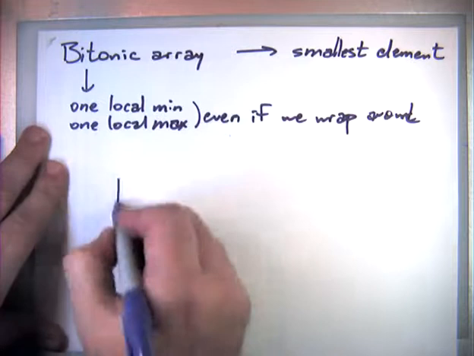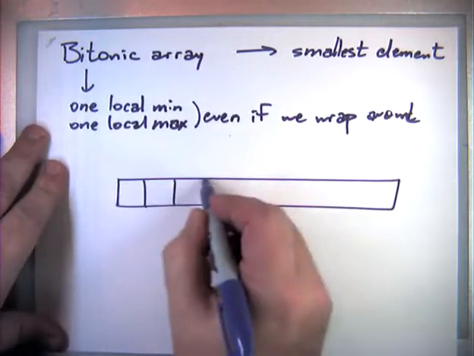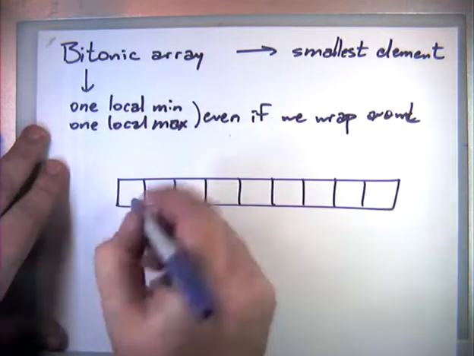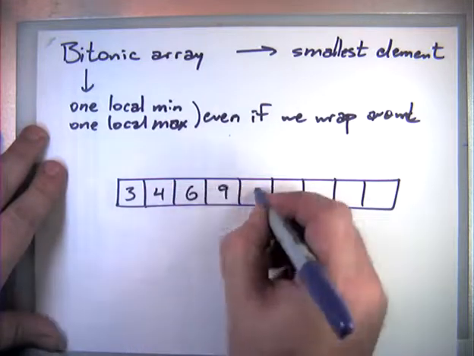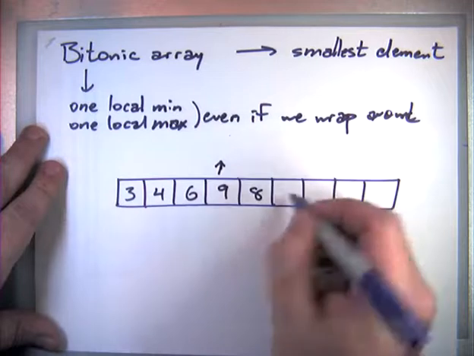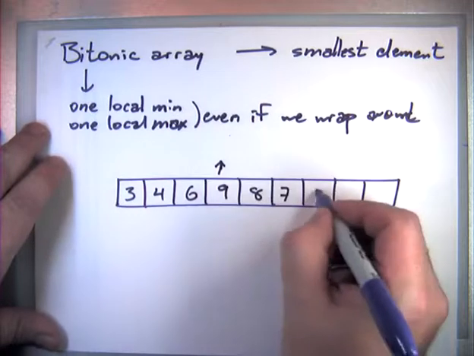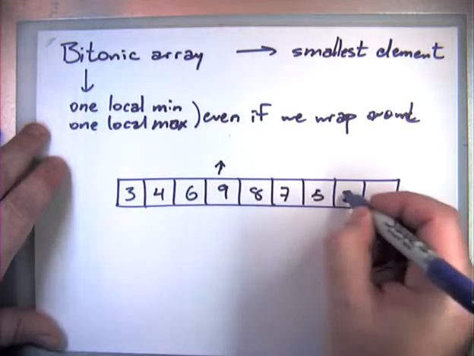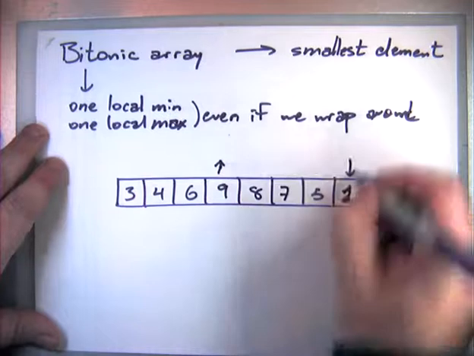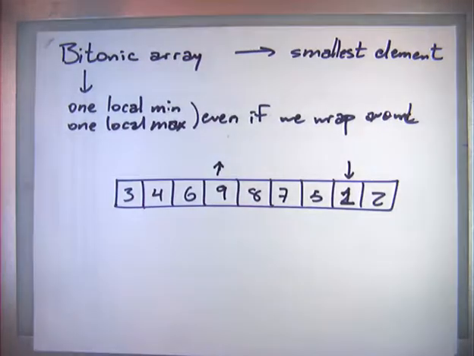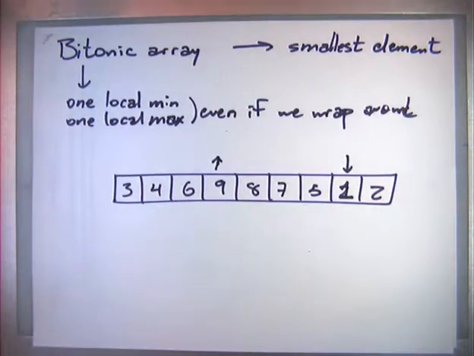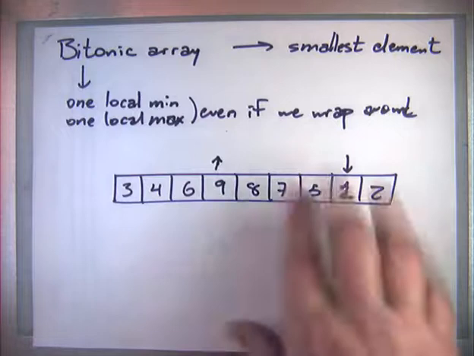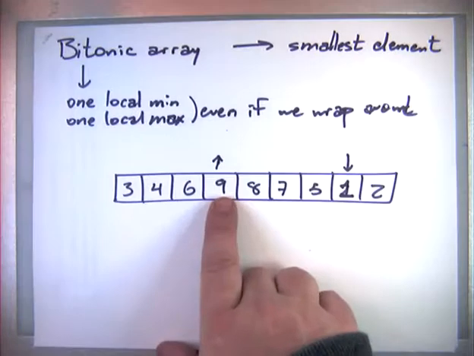All right, so here, 3, 4, 6, 9, 8. So here's my local maximum. 7, 5, 1, 2. Here's my local minimum. Okay, so there's exactly one element that is bigger than both of its neighbors, even if that element might be the last element in the array.